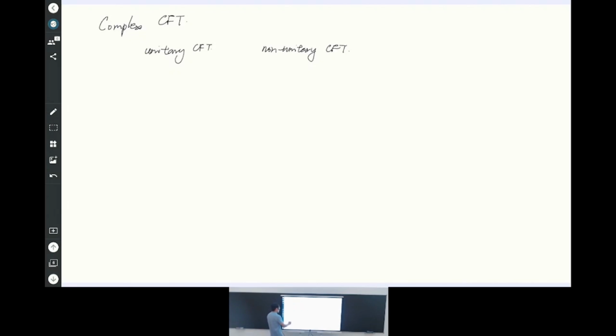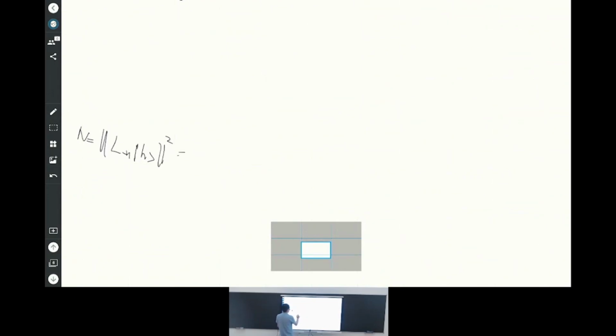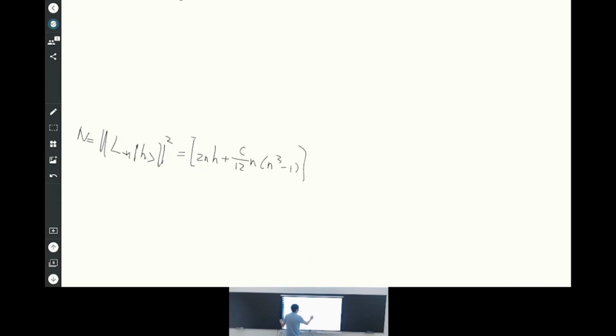So you can think about that you have a state, and first you can calculate the norm like this. It will equal something like 2nh plus c over 12 times n cubed minus n.